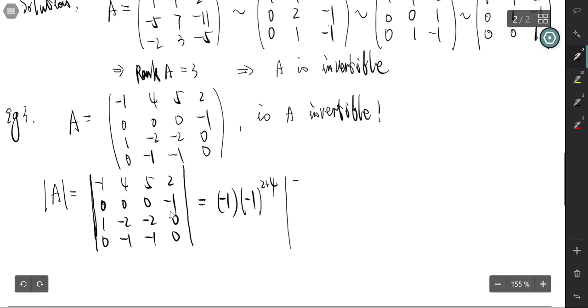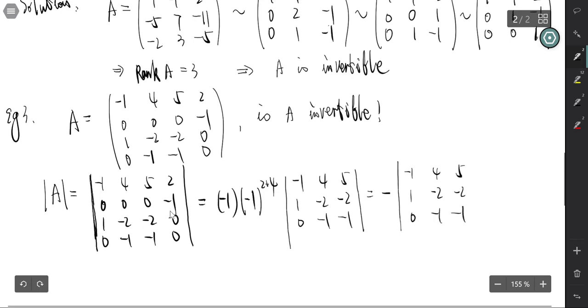And that is the determinant of -1, 4, 5, 1, -2, -2, 0, -1, -1.